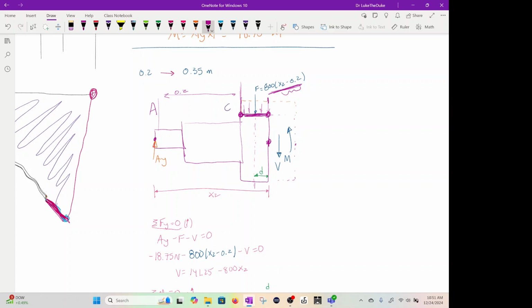The forces we have in this section are AY and this F, and then the shear and the moment along this surface area.